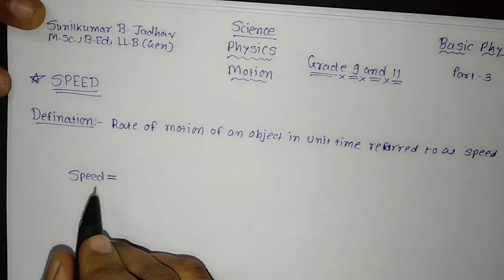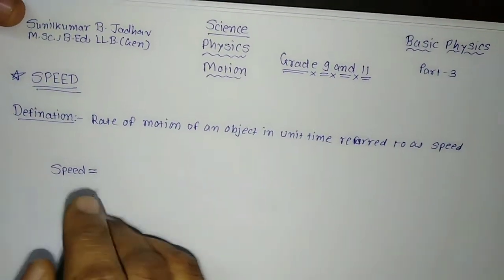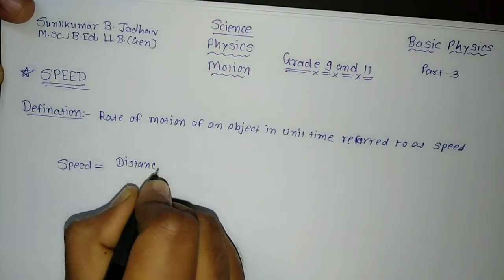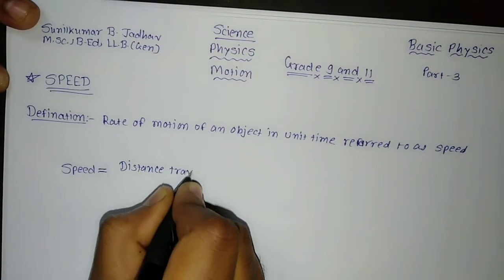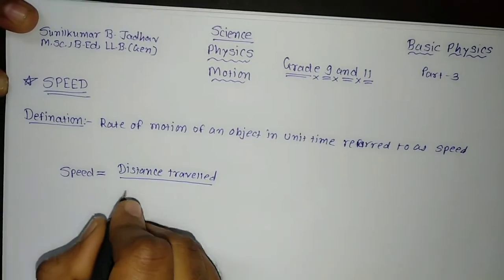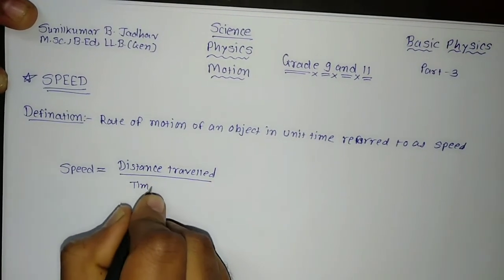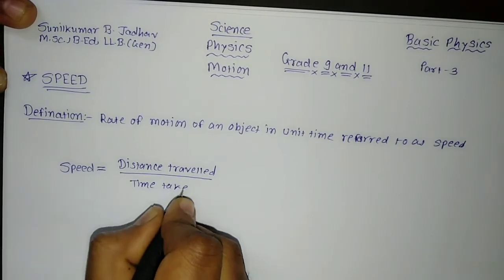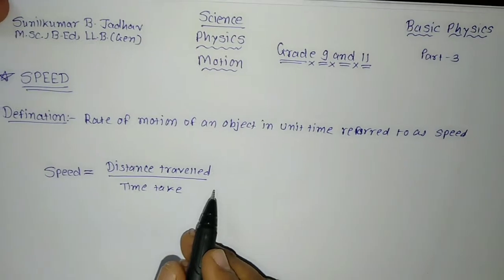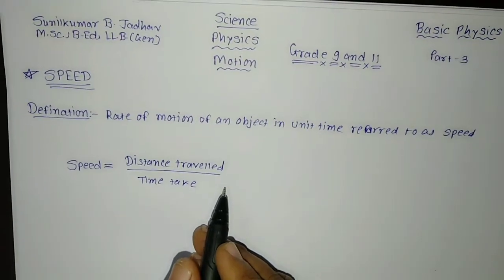So what is the formula for speed? As we said, distance traveled divided by time taken. I hope it is clear. Say for example, as we say the bowler's speed is 150 km per hour.